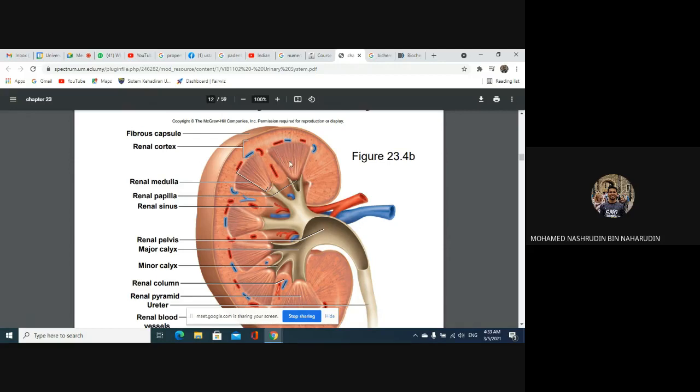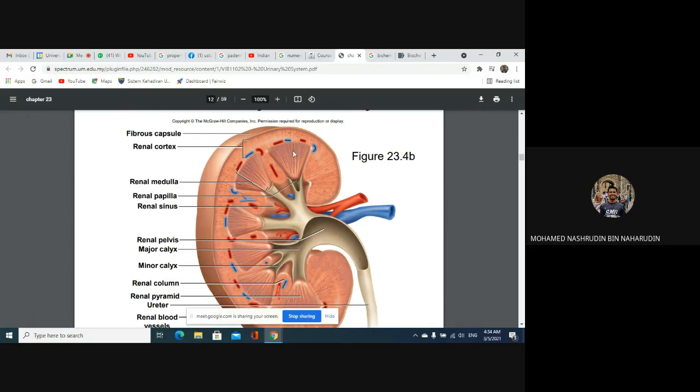In the nephron. This is the unit of the nephron that we're going to discuss later. The nephron filters blood, and all the filtered fluid is collected in the renal papilla, and then gathered in the renal pelvis before it goes to the ureter.